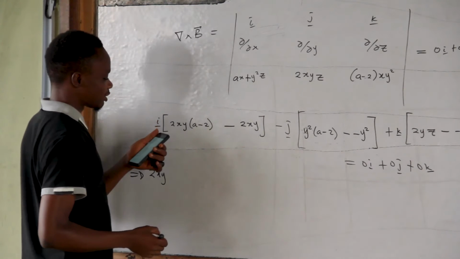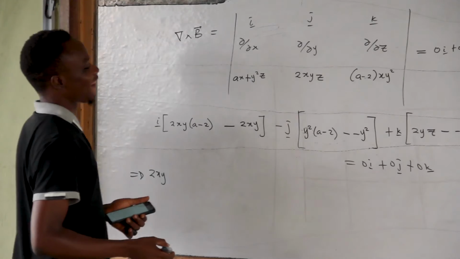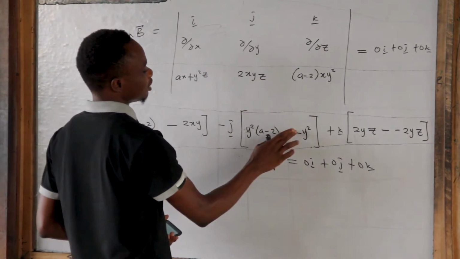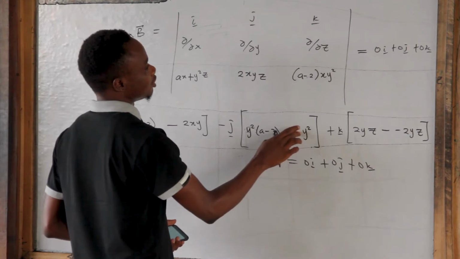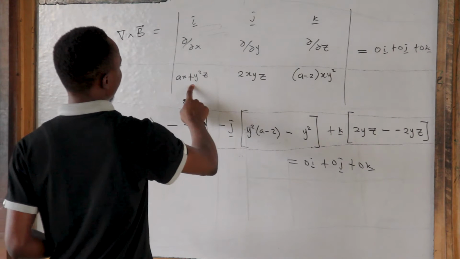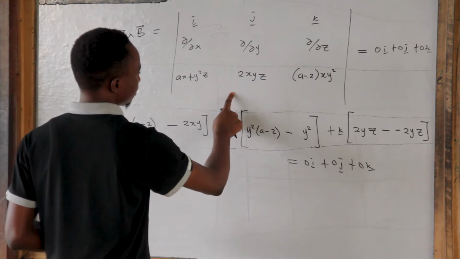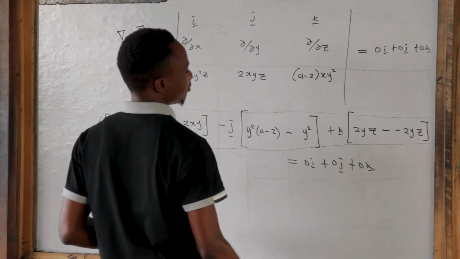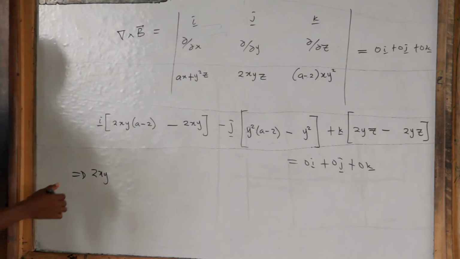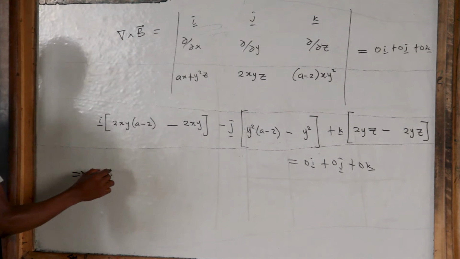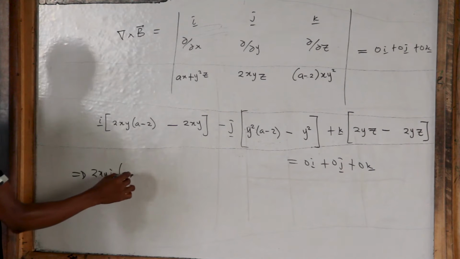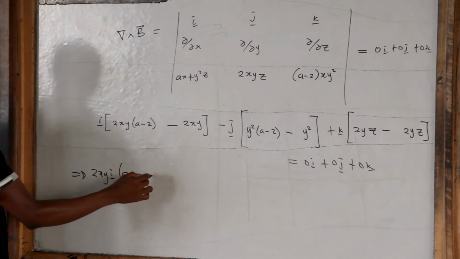I think it's minus. Minus y squared. Yeah. For the last one, del/del y of this minus 2y. It's going to give me xy into this will be alpha minus 2 minus 1.